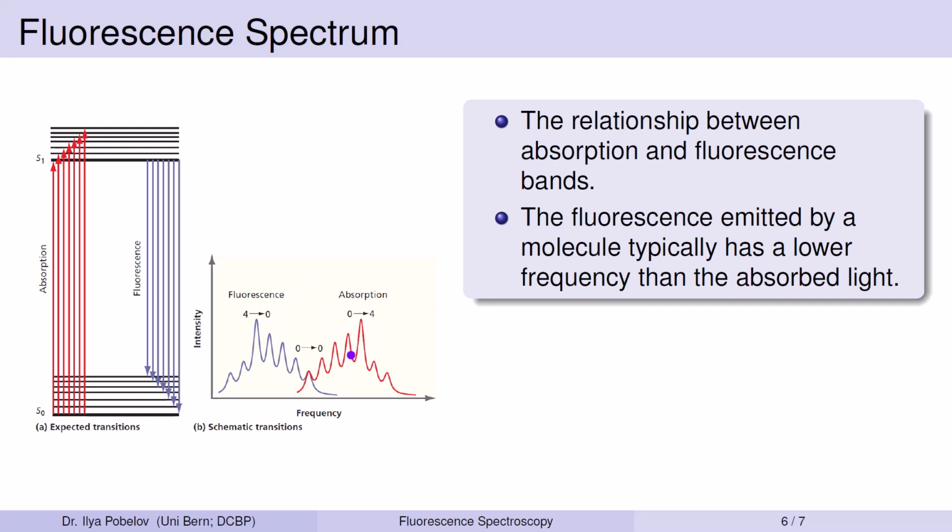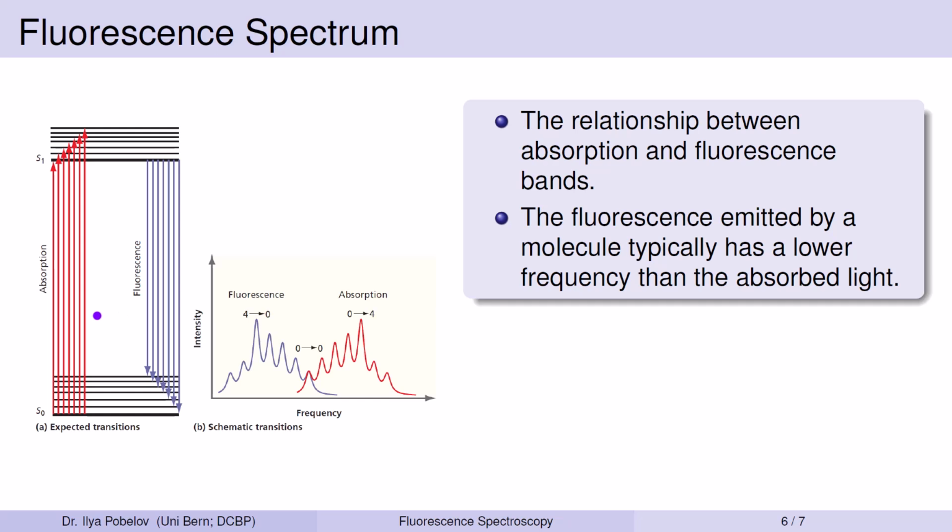Now, looking at our figure, the absorption spectrum on the right showcases vibrational structures characteristic of the upper electronic state. In contrast, the fluorescence spectrum on the left reflects the vibrational structures of the lower electronic state.